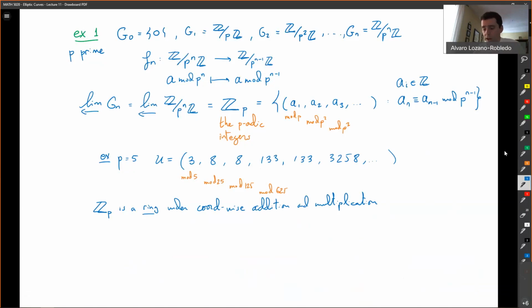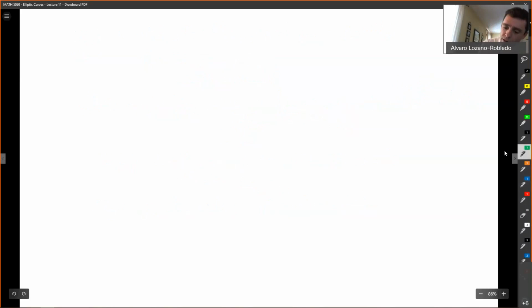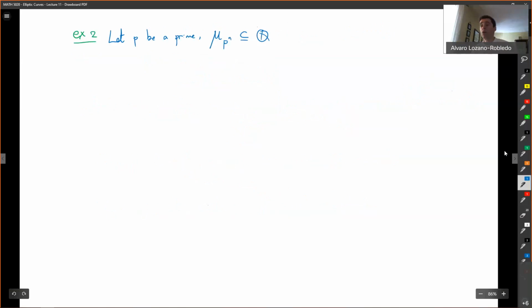All right. So now let me give you another example, even a little bit more complicated, or just more algebraic number theoretic. So again, let p be a prime, and let mu_{p^n} be the p to the nth roots of unity, which is a group under multiplication, right?